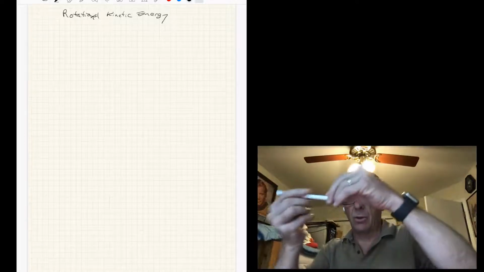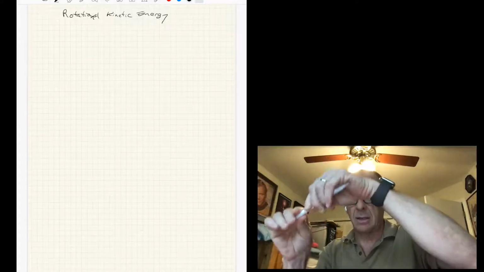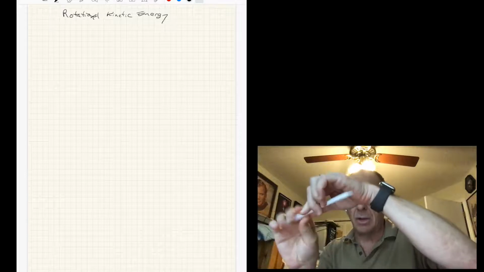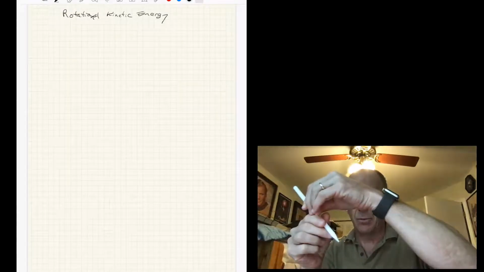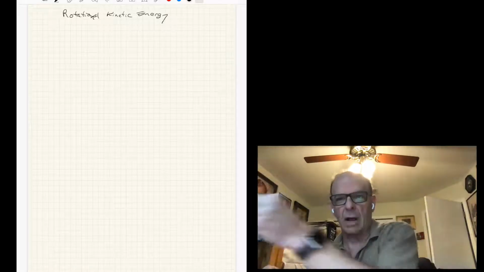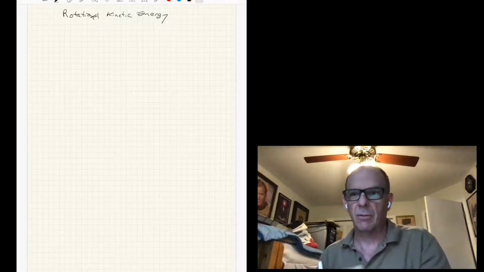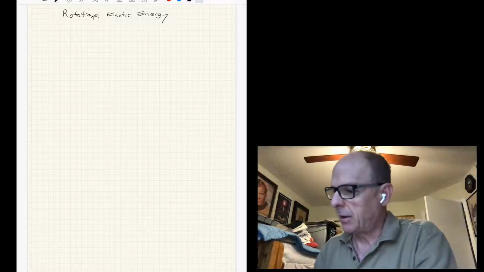If something's rotating like this, there's motion there. There's obviously energy involved with that, even though it's not moving. There's no v, no velocity of the thing going across the room, but it does have energy.